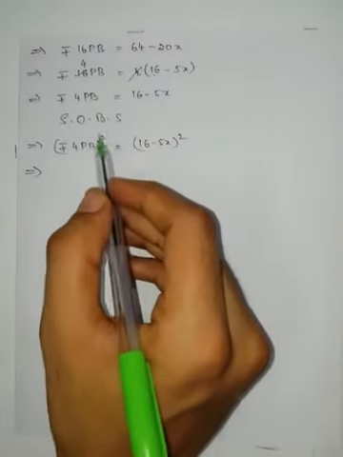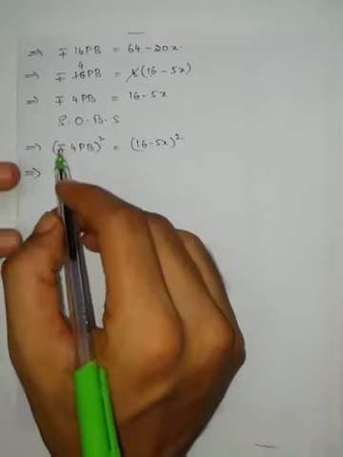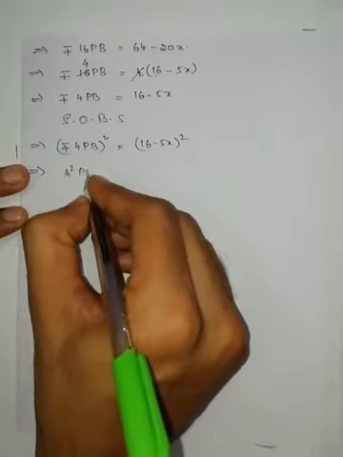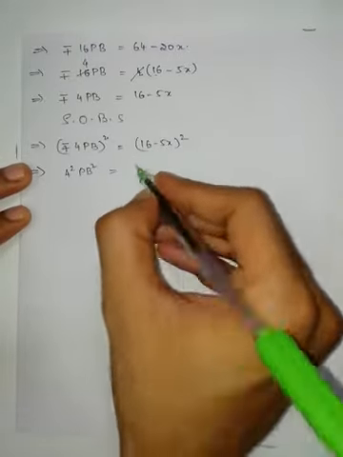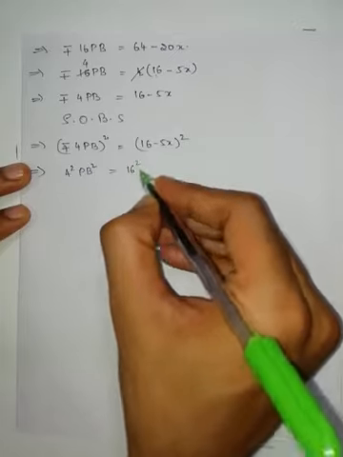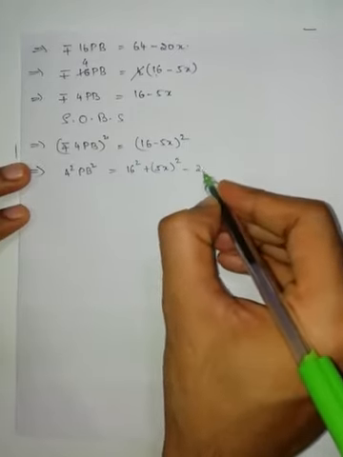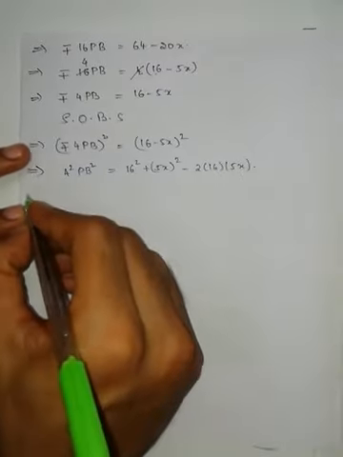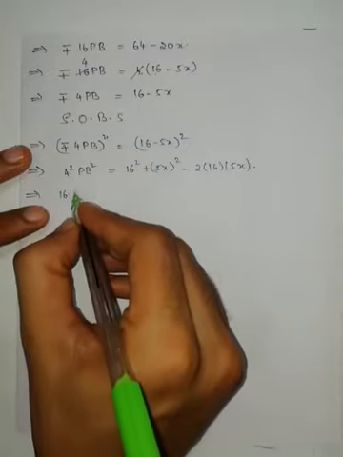Again, the square of a negative will become positive, the square of a positive will become positive. Now 4 square PB square is equal to, in the form of a minus b whole square, 16 square plus 5x whole square minus 2 into 16 into 5x. Here 16 is 4 square.